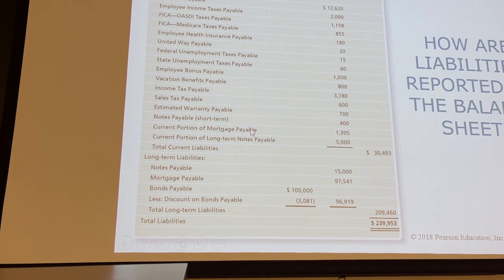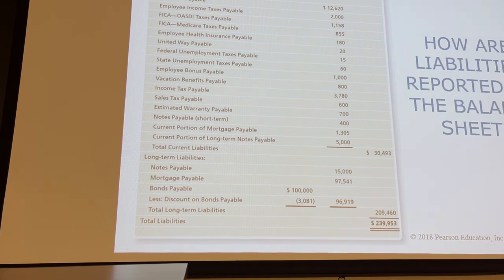So notice here there's a line item that says current portion of mortgage payable. So those would be the next 12 monthly mortgage payments, and only the principal part of the mortgage payments, not the interest part of them. That's reflected there. And then there's a line item that says current portion of long-term notes payable.